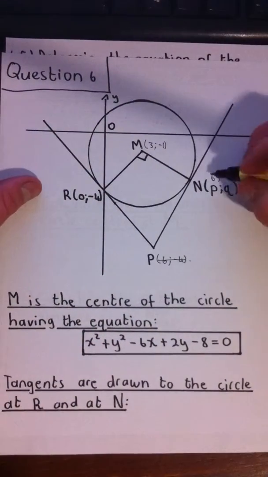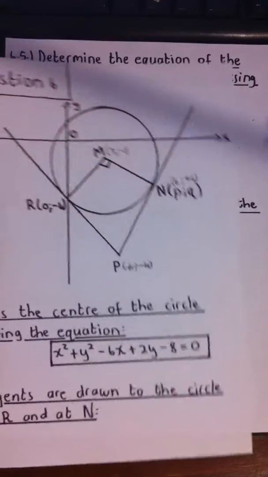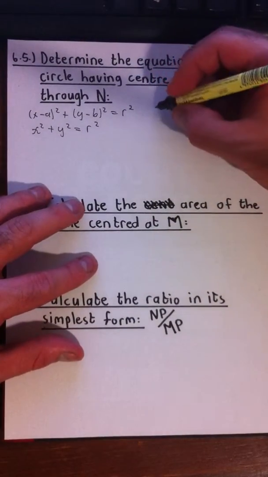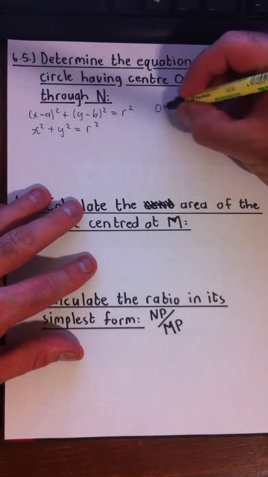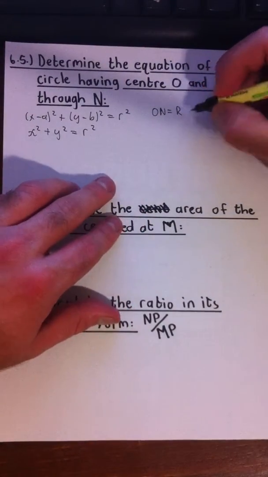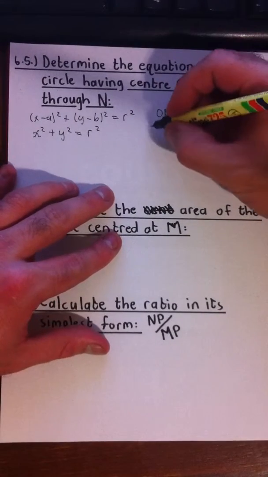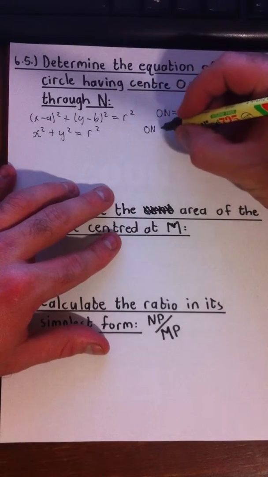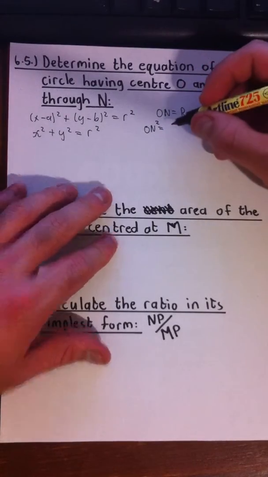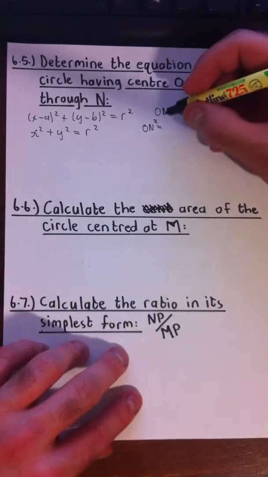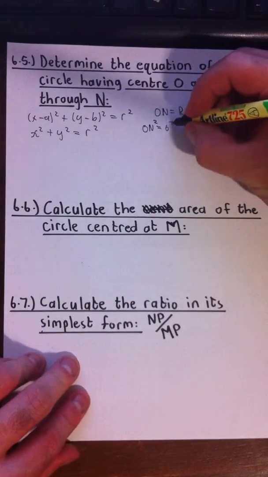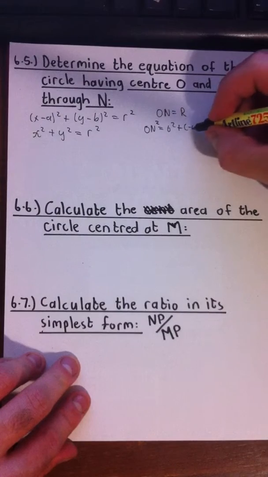How do we calculate the distance? Well, that'll just be a Pythagorean calculation. So we need to find the distance between O and n. That is equal to our radius. And ON, in terms of real values, ON squared is equal to the values of p and q, so it'll be 6 squared plus negative 4 squared.